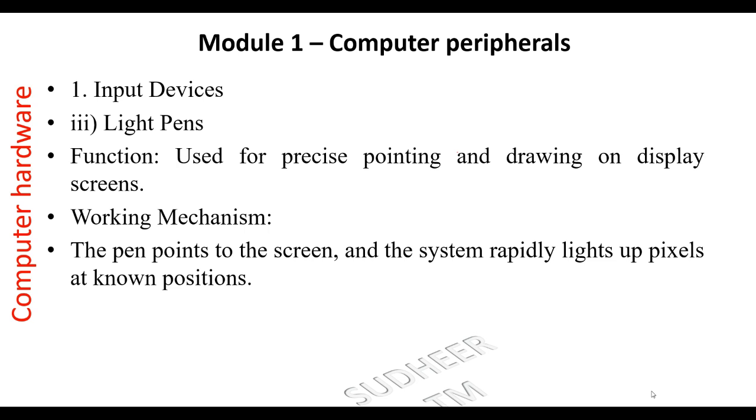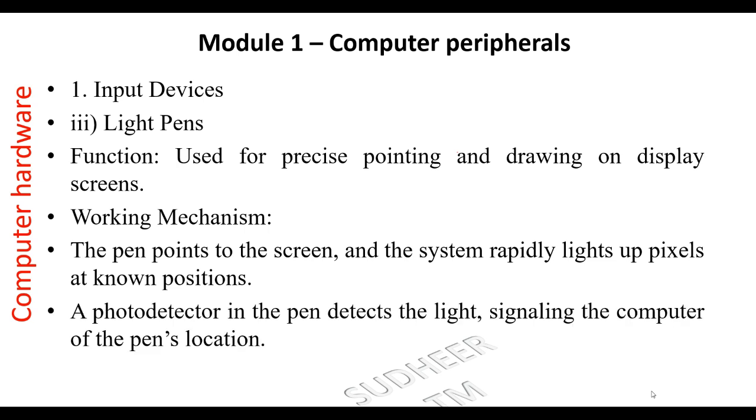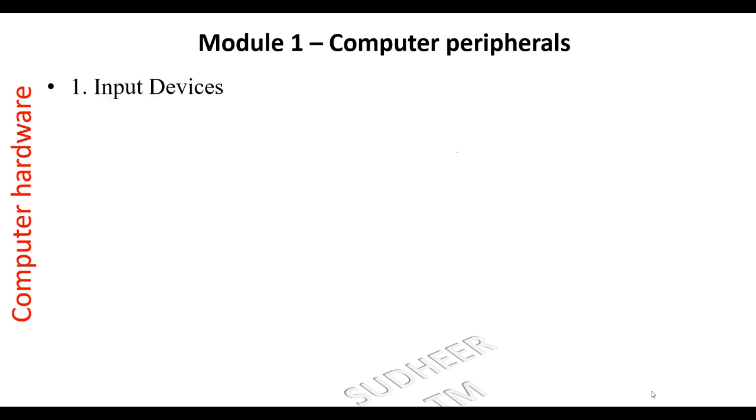And that pulse location, from which sensor and which pixel it came, the motherboard knows that position. Information is given there. So I excite the pixel over here, and immediately I move to excite over there. So this distance and this distance, it is known. So the cursor will move likewise. So a photo detector in the pen detects the light and signals the computer of the pen's location.